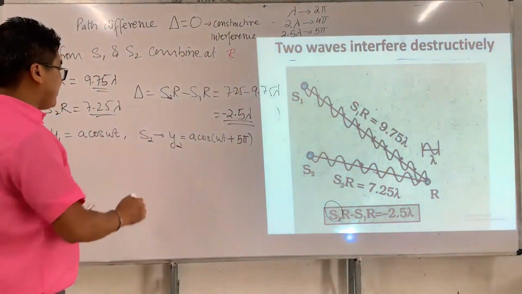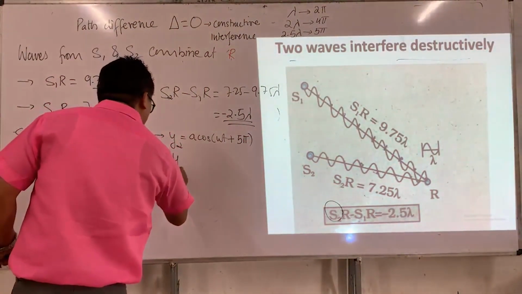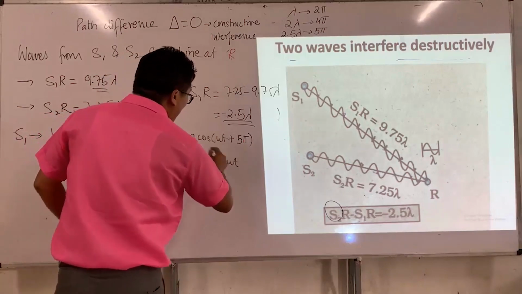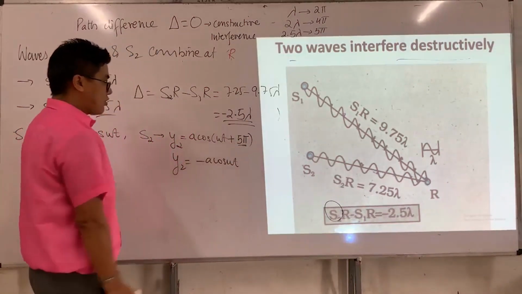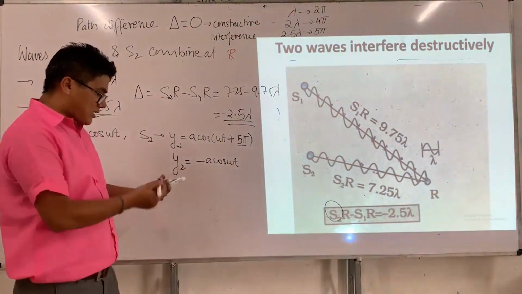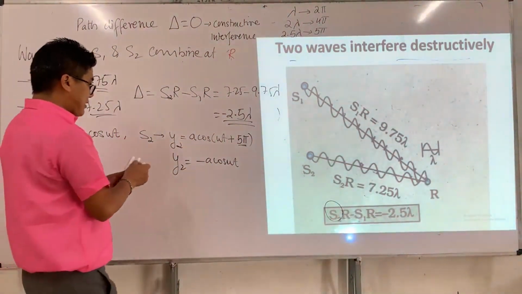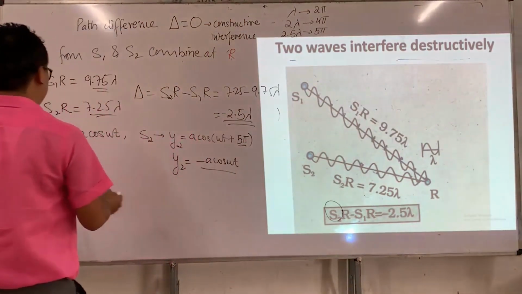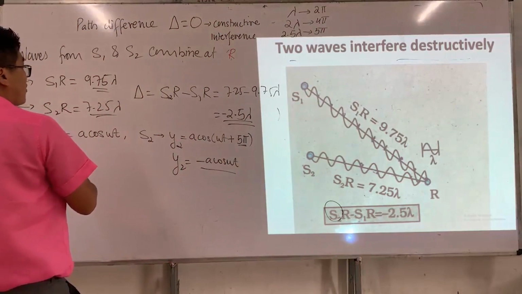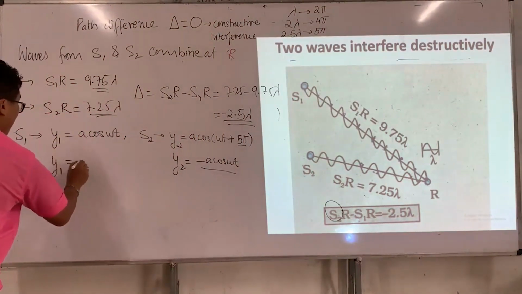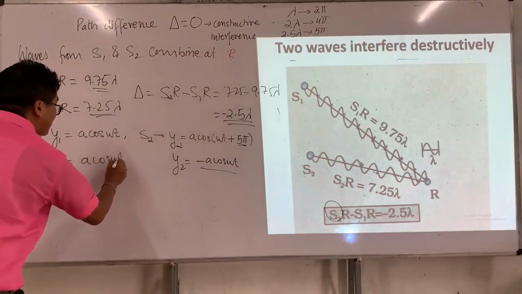So therefore, look here. I say this y2 is going to be minus A cos omega t. Why? Because this is odd, 5 pi. This is done in class 11. So this is the displacement from S2, and S1 is going to be A cos omega t.